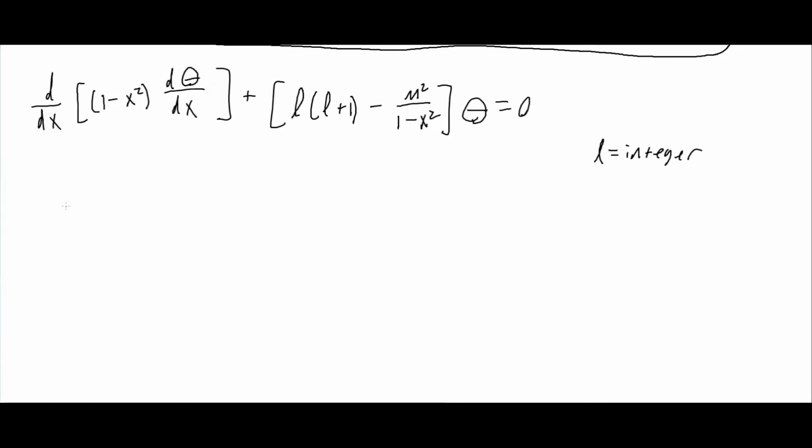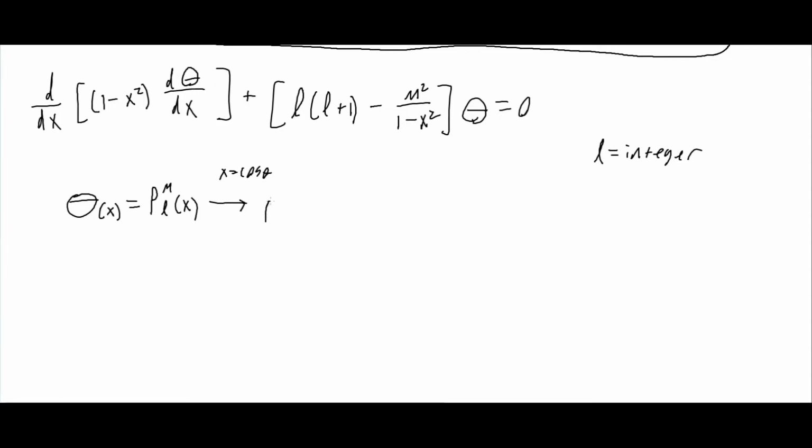And so from here, the solution to this, so our big theta, which is a function of theta. Well, we have it as a function of x right now because of that change of variable. We know from the previous video that solutions to this associated Legendre equation are the associated Legendre functions, P_L^m as a function of x. Then after the change of variable, we said that x was equal to cosine of theta.